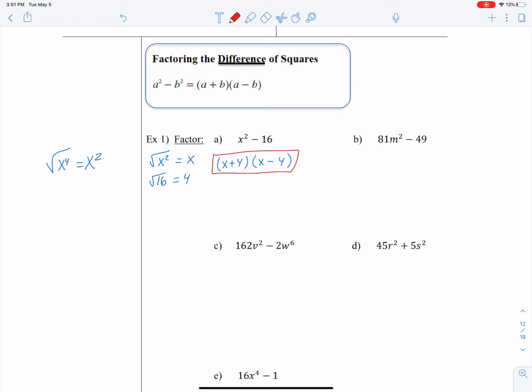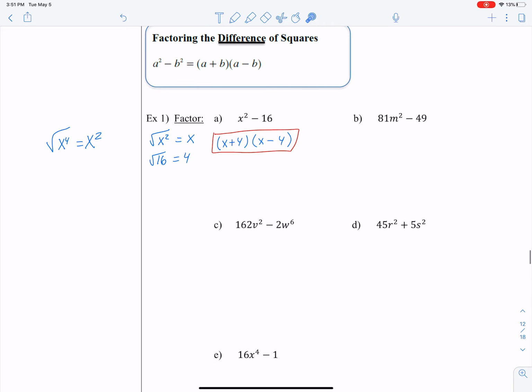Let's try another one. With these, just remember that you need to always look for a greatest common factor still. Okay, that's still an important step. So here, 81 and 49, there's no greatest common factor that we can take out. So our first step is going to be 81m squared.